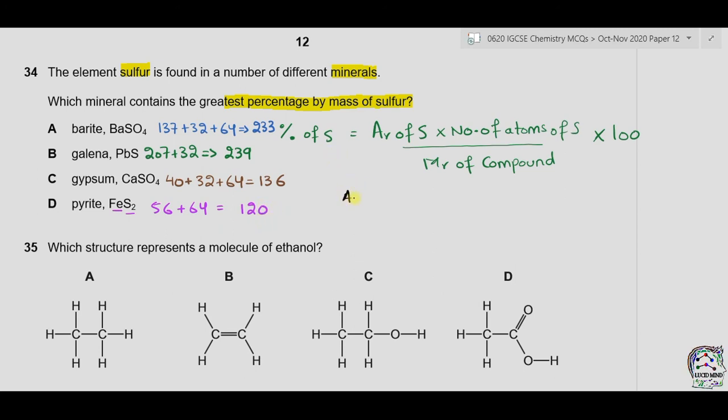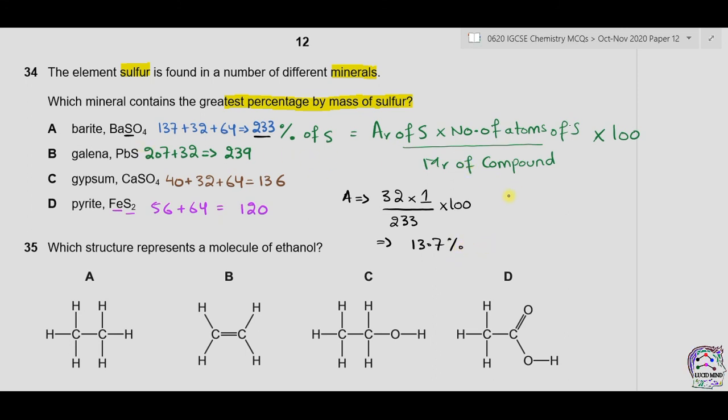For A, the atomic mass of sulfur is 32, into number of atoms of sulfur, there is just 1 sulfur atom in barium sulfate. So into 1 divided by molecular mass of barium sulfate, which is 233, into 100, and it comes equal to 13.7%.